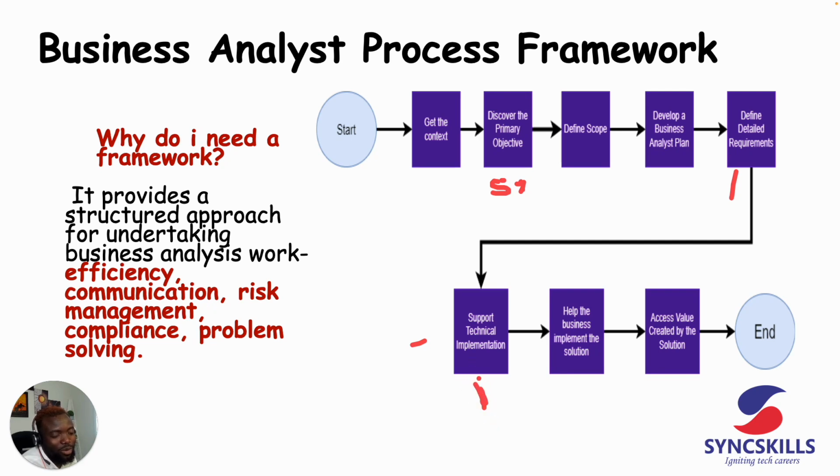They will not come again, and they will see the supermarket as unreliable. So we need to be able to track our inventory correctly. Assuming we're implementing a new inventory system, we would need to communicate that requirement clearly to the technical team. So you need to support technical implementation.